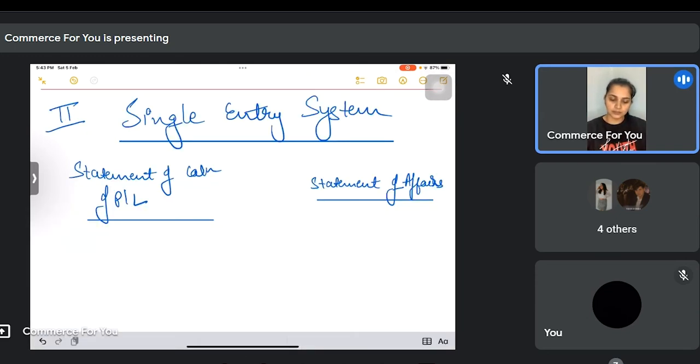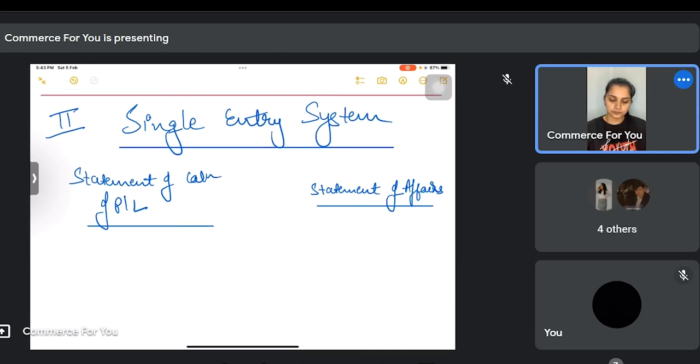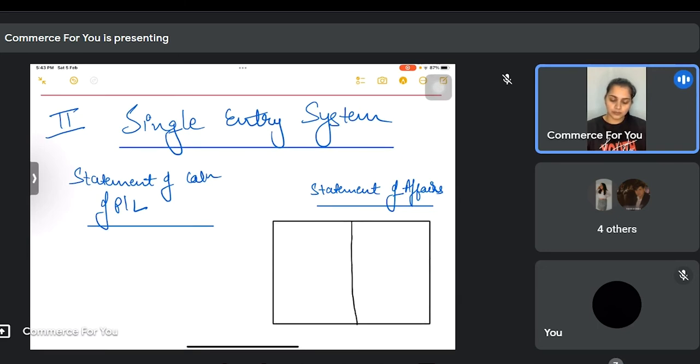It would be like a T-shaped column. We'll be writing same thing: liabilities, amount, assets, amount. There'll be no debit credit.